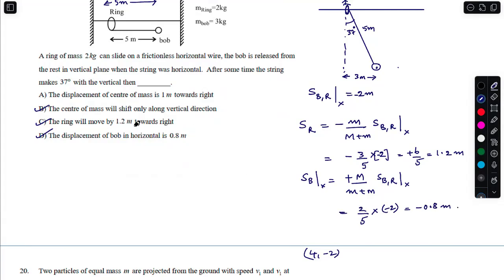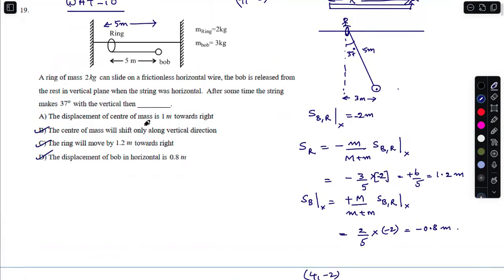There is no horizontal force, and there is only one force, mg, the weight, vertically downward. So obviously the center of mass will shift only along the vertical direction, because there is no force in the horizontal direction. Sigma Fx is equal to 0 on the system, not on one entity.